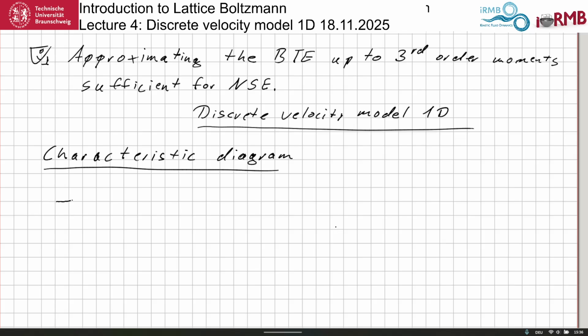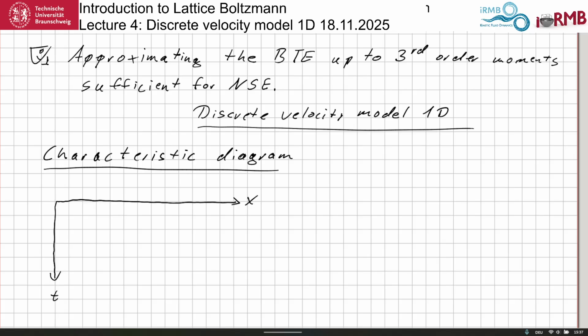In the characteristic diagram we have to discretize space, which I call X, and we have to discretize time. Because this originated from cellular automata, it has become common to draw them the way cellular automata are drawn, space horizontally and time going downwards in positive direction.